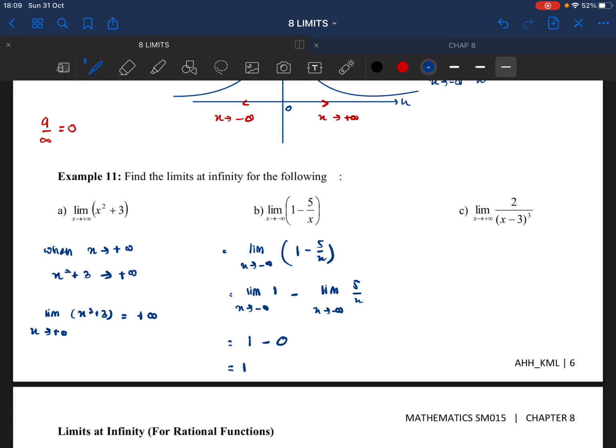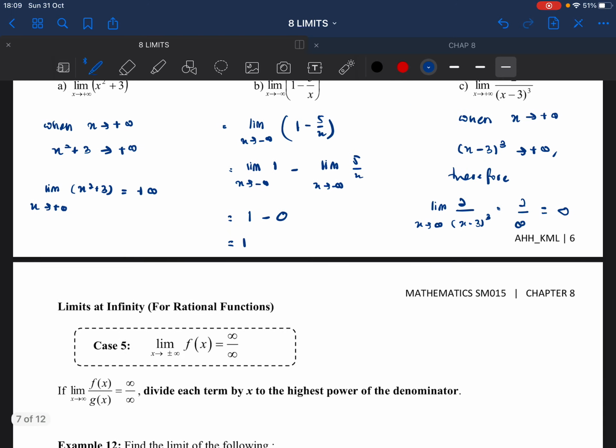So we can assume that when x approaches positive infinity, (x minus 3) cubed also approaches infinity. Therefore, limit 2 over (x minus 3) cubed as x approaches positive infinity gives 2 over infinity, which is 0.